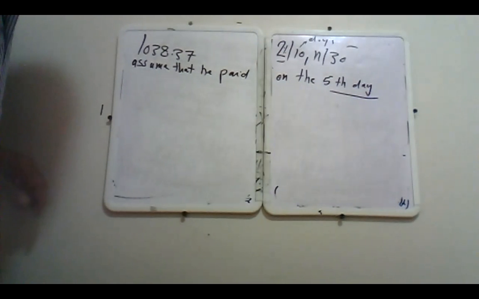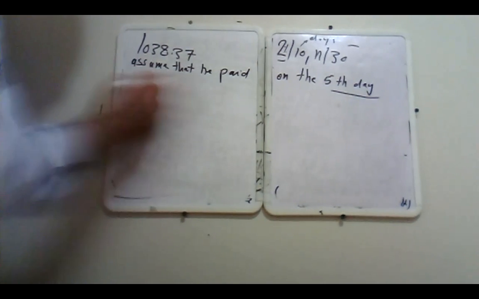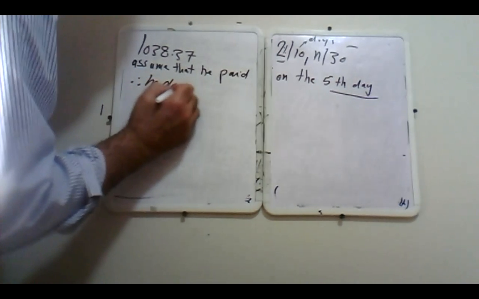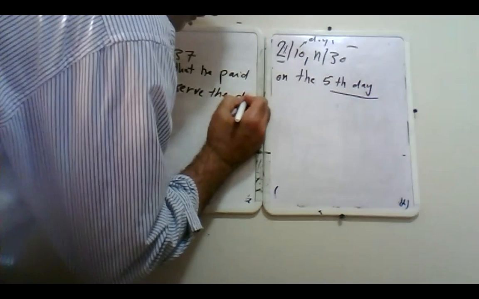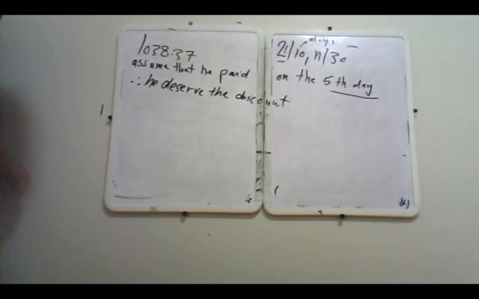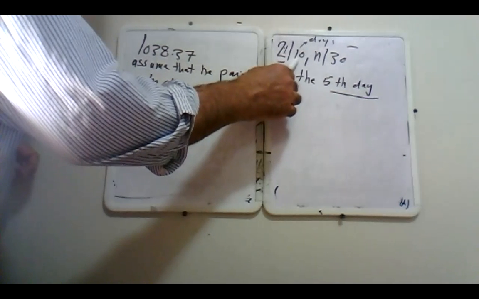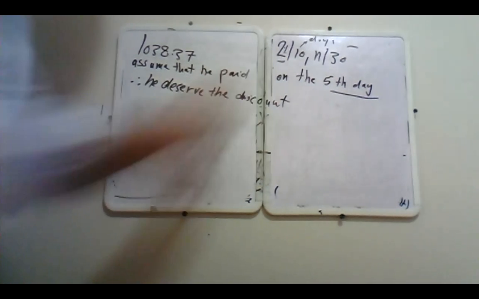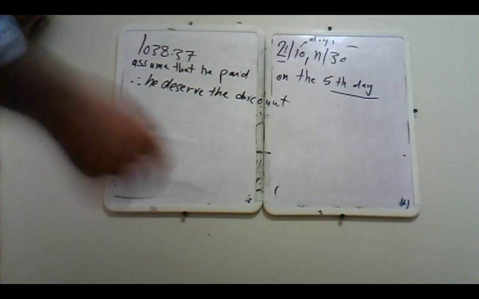That means he deserves the discount, as long as he paid within the period. He can pay up to day 10 and take the 2%, so the 5th day is within this period.